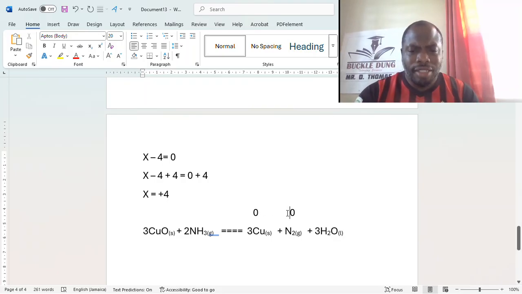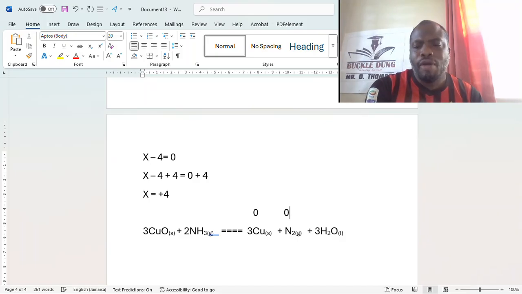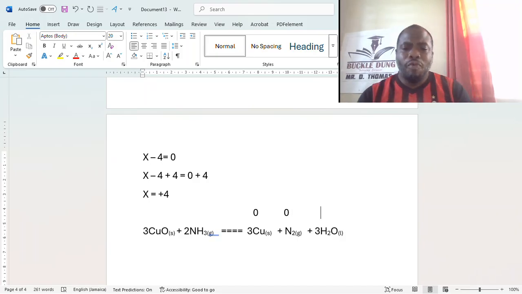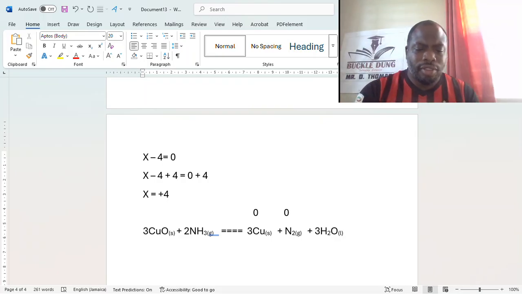You look beside it. I'm doing these because I'm hoping these would have been the easy ones. We know hydrogen. What's the oxidation number when we see it?